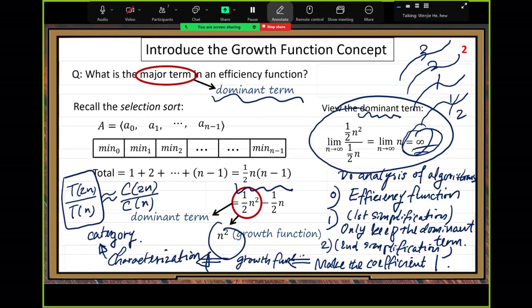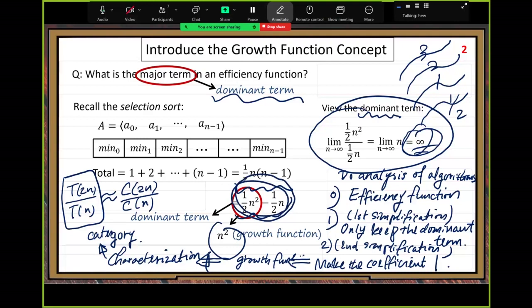Last time I said, because we know infinity, all right. But how does 2n over n relate to the 1/2 n squared minus 1/2 n? You look at this function.